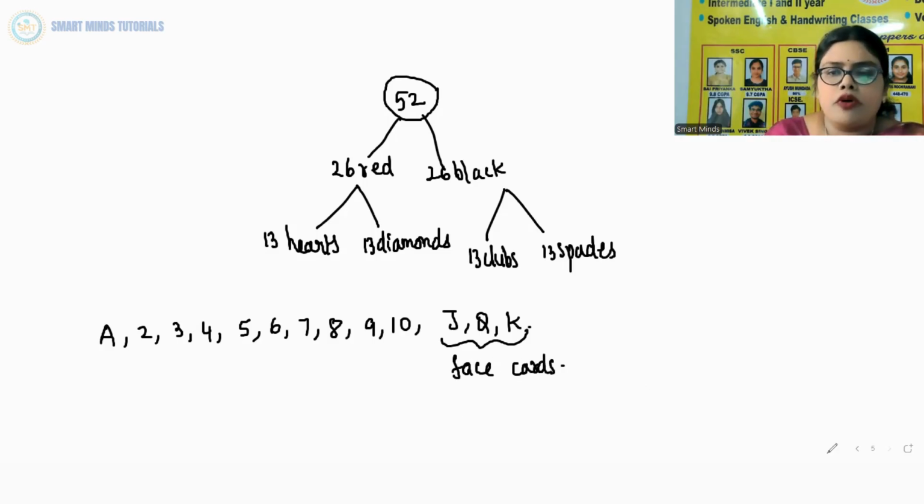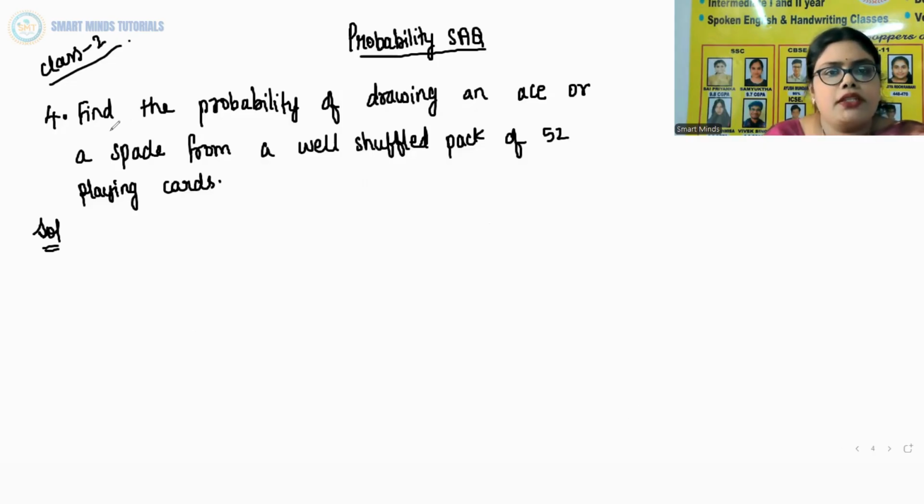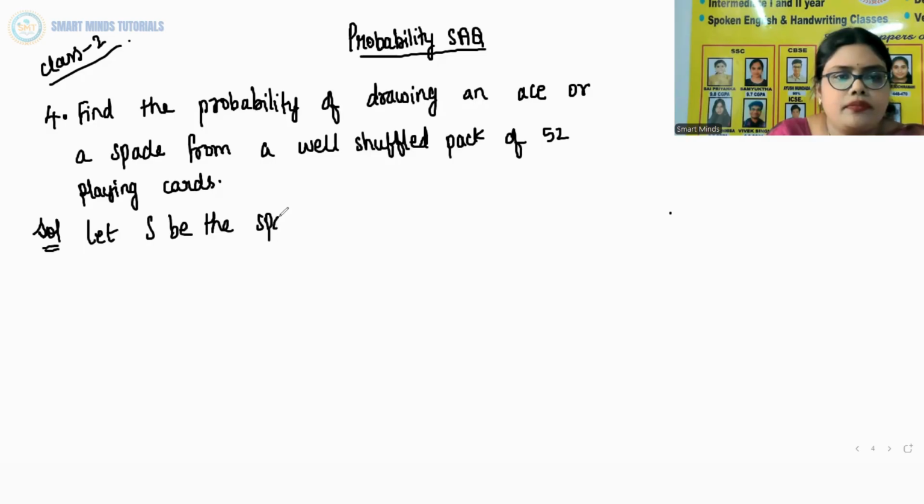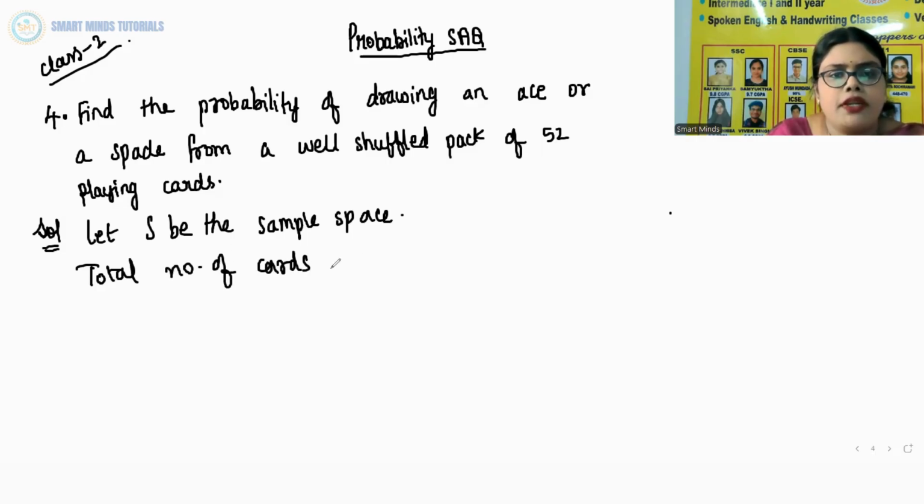So now let's move on to the problem. Find the probability of drawing an ace or a spade from a well shuffled pack of 52 playing cards. Let S be the sample space. Total number of cards in the pack is 52.